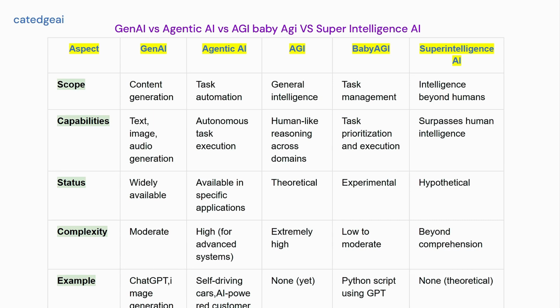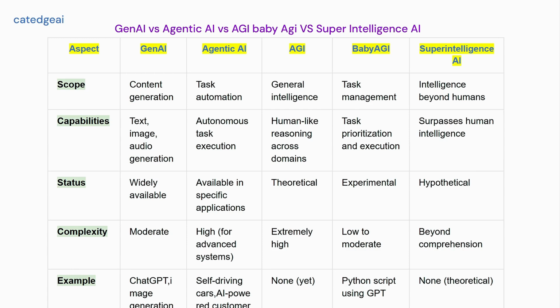Its capabilities are text to image, audio to text, and image to text, whatever we currently have in ChatGPT. The examples are ChatGPT, DeepSeek, Gemini and so on. This is of moderate complexity.